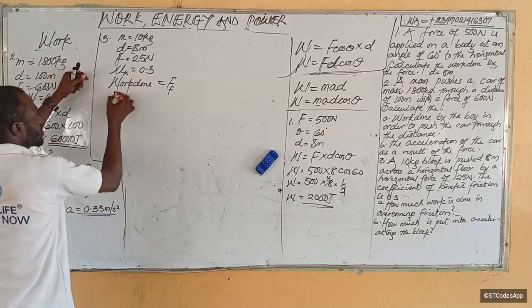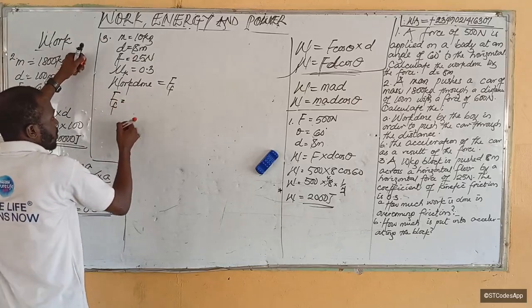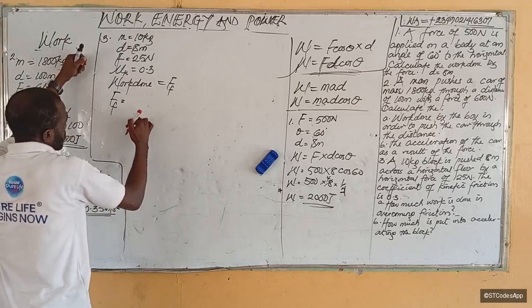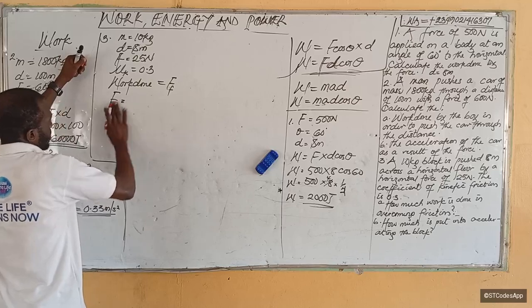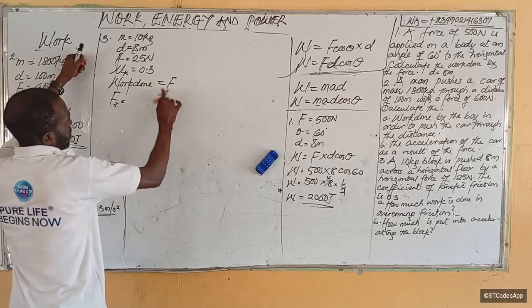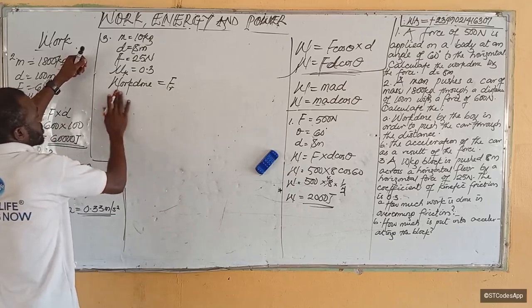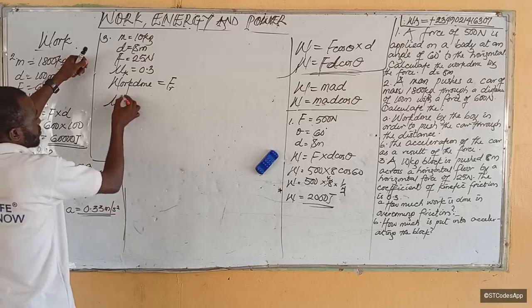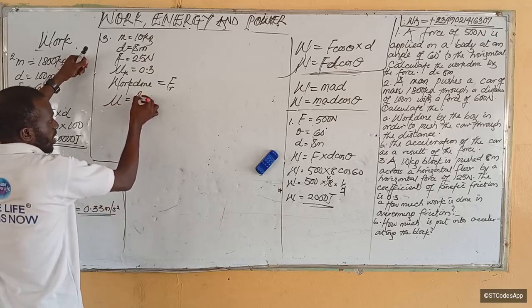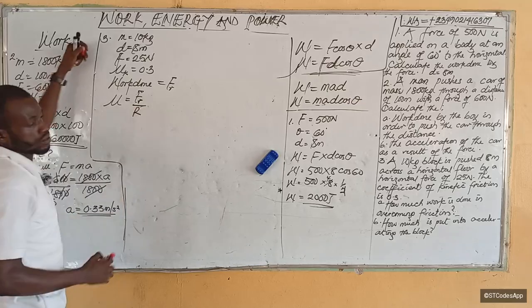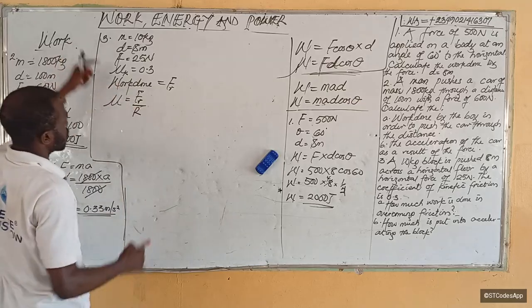First, let's find the frictional force. Recall that the frictional force is given by F sub r. Let's use F sub r, please. You remember that the coefficient of friction is the ratio of frictional force to normal reaction.